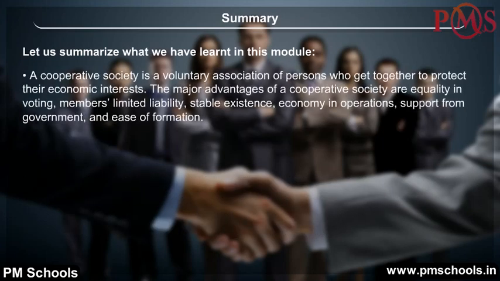A cooperative society is a voluntary association of persons who get together to protect their economic interests. The major advantages of a cooperative society are equality in voting, members' limited liability, stable existence, economy in operations, support from government, and ease of formation.